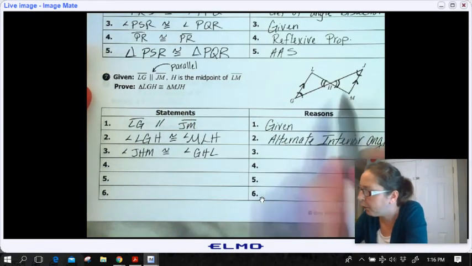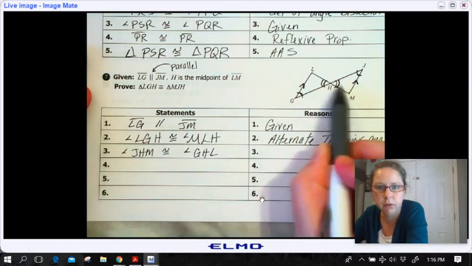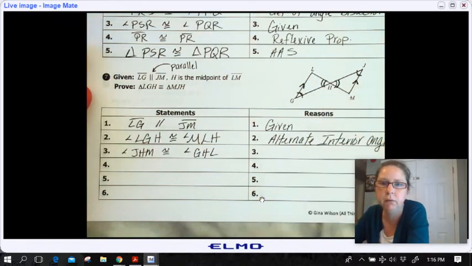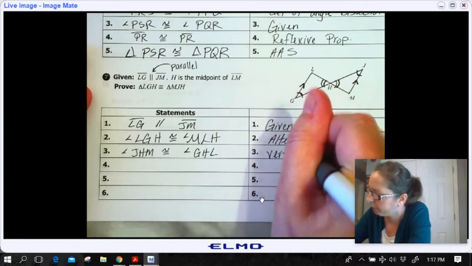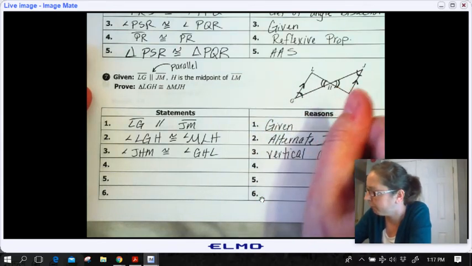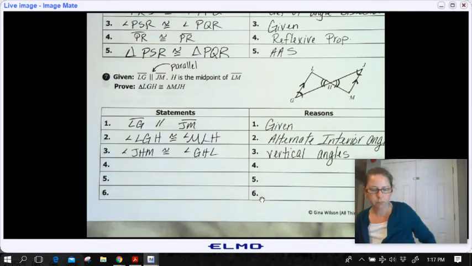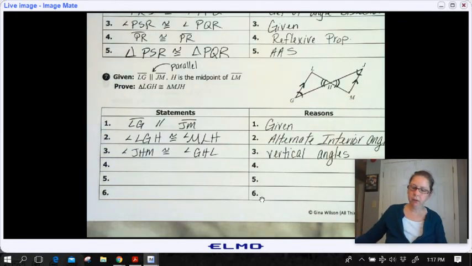And I know that because these are vertical angles. Alrighty.